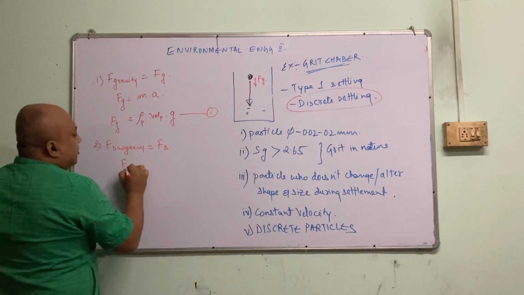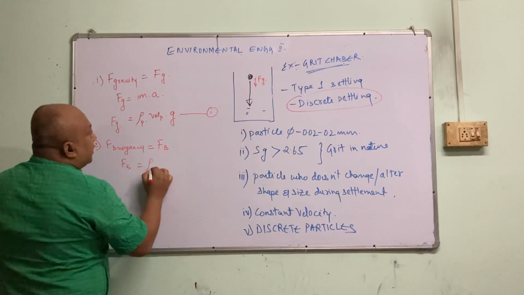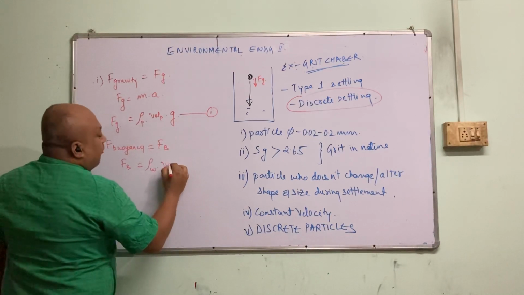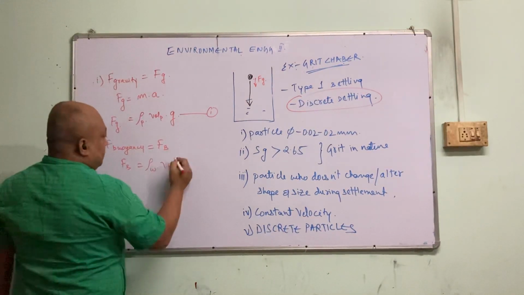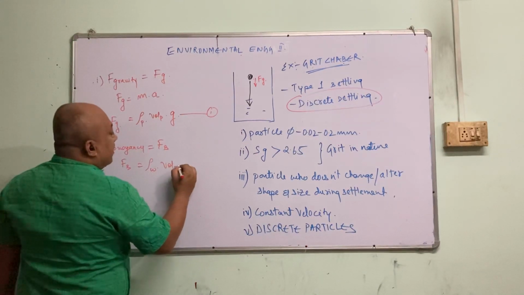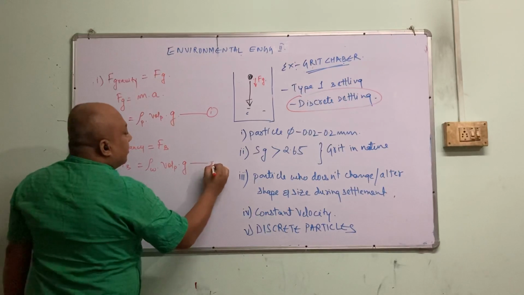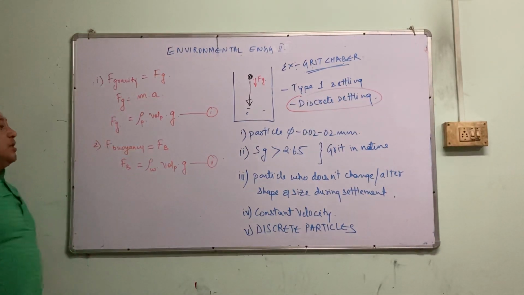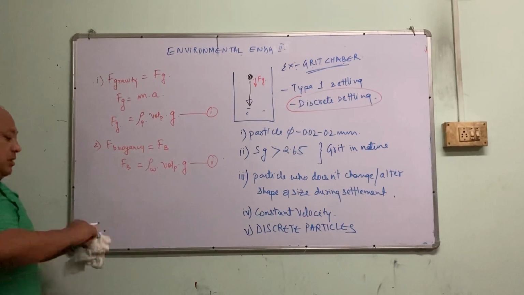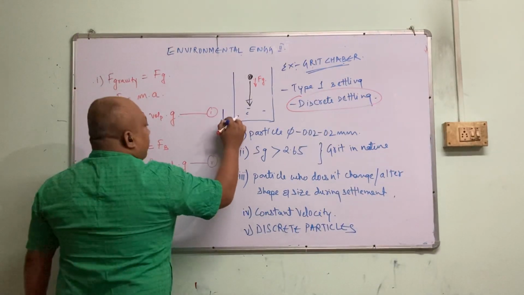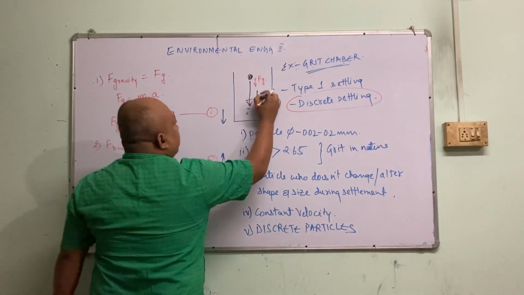So Fb is equal to the density of the water into volume. The volume will be the same volume, so I can write volume of the particle into the acceleration due to gravity. Fine. This force is the upward force. So this is the downward force, this is the upward force. So another force is coming up, that is Fb.